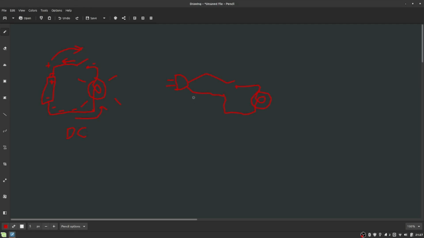Basically, I have electrons sitting here that want to go this way. However, after a certain amount of time, it switches, and now I have electrons sitting up here that want to go this way. So you constantly have this back and forth. I have current flowing this way, and then this way, and then this way. My drawing abilities are deteriorating really quickly.